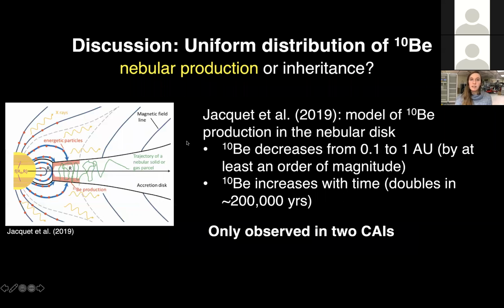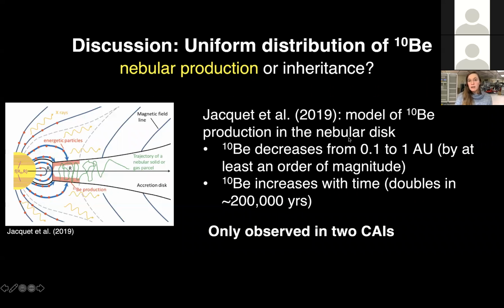So back to the discussion, what does this 10/9 beryllium ratio mean for the origin of beryllium-10? If it was produced in the nebula where the sun is emitting cosmic rays, then beryllium-10 in CAIs would be quite variable.